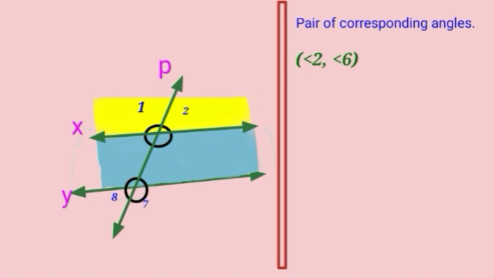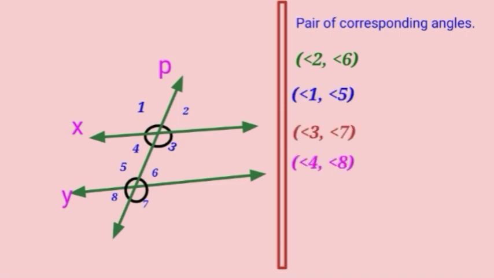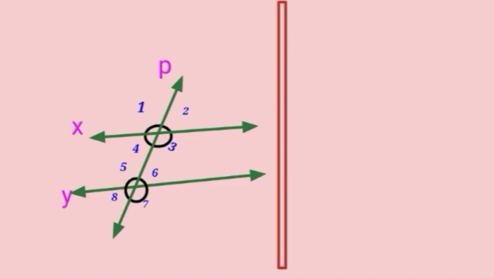There are many more pairs other than this which satisfy the same condition of corresponding angles, and these are angle 1 and angle 5, angle 3 and angle 7, and lastly angle 4 and angle 8. Look at another pair of angles, that is angle 3 and angle 5.